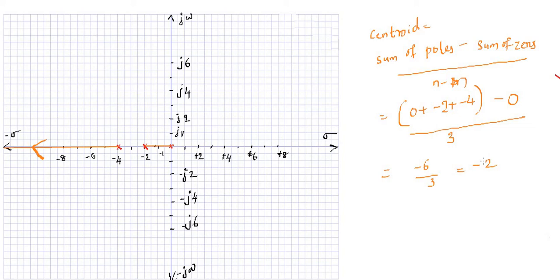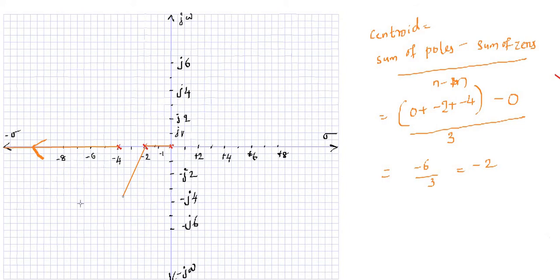So, what do we have to do? We have to mark the centroid and asymptotes in the graph sheet. So minus 2, that is the centroid. We can mark it here.